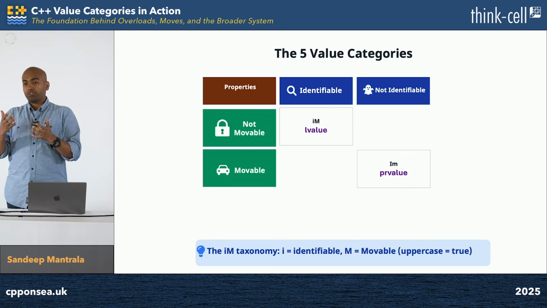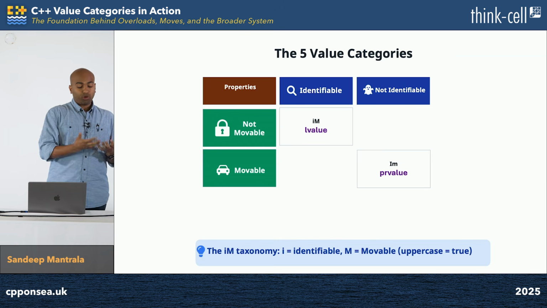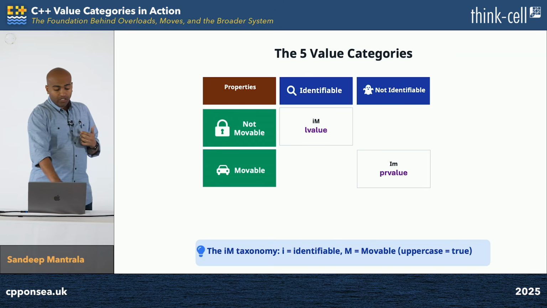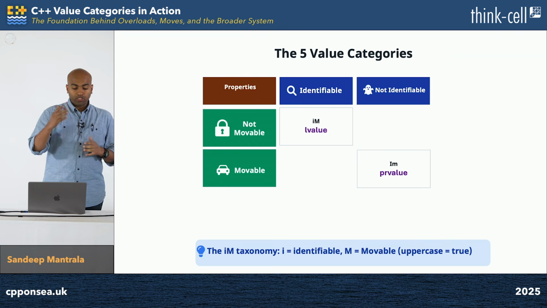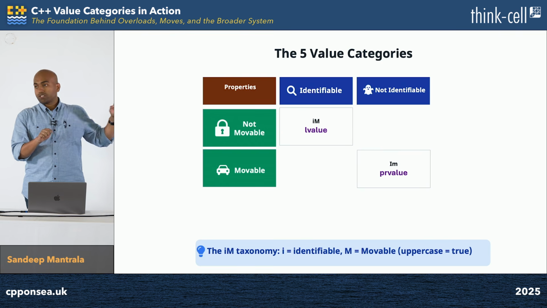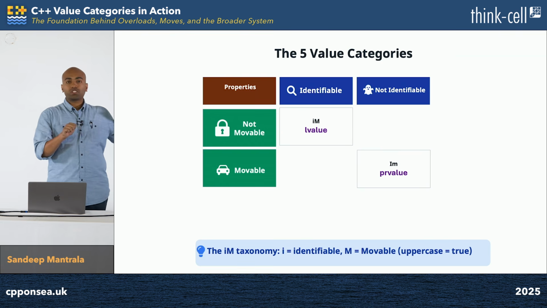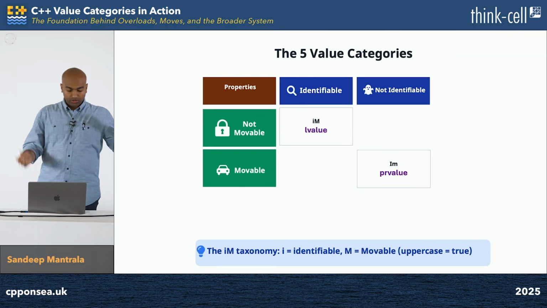If you want to steal the resources and not do a deep copy from a temporary, it should be possible. So they are definitely movable. These kinds of values we are calling PR values. PR values are what we called R values prior to C++11; we're just calling them PR values now. P stands for pure R values.